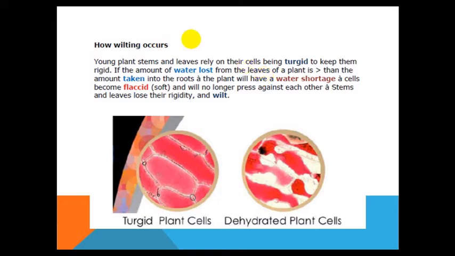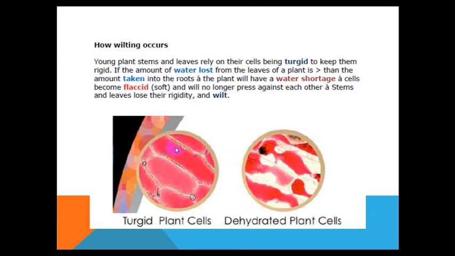That is because the amount of water being taken in by the roots is not enough compared to the water lost from inside the plant. So the cells inside the plant will start to not press against each other and become flaccid, and then they wilt.